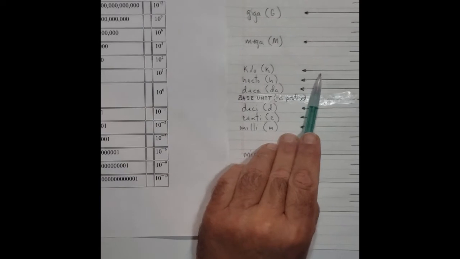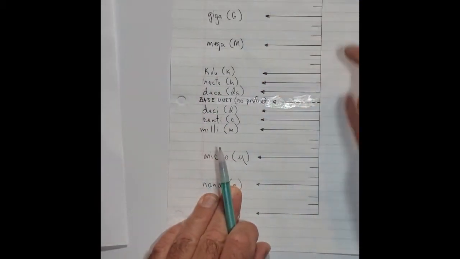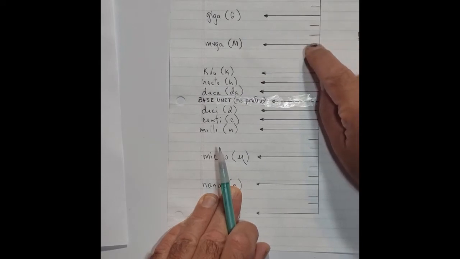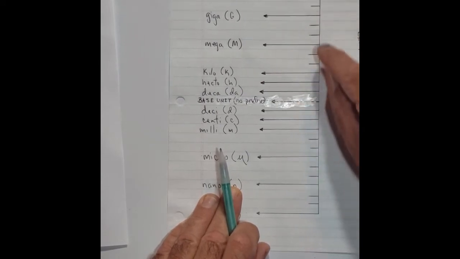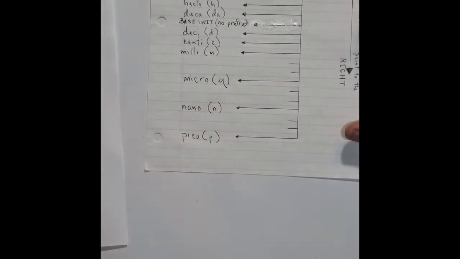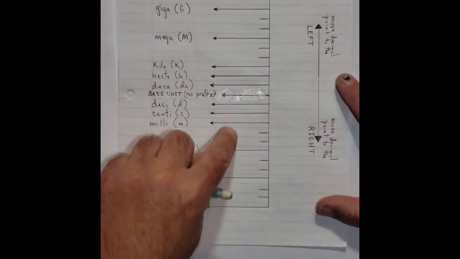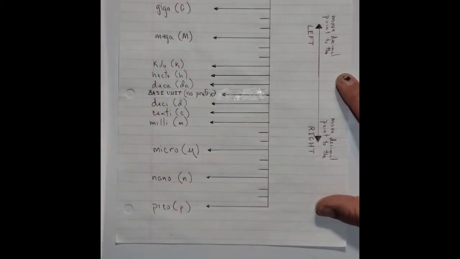On this particular ladder picture, kilo and mega aren't just one above each other, but three above each other. And mega and giga are three apart. Giga and tera are three apart. And the same thing occurs down at the bottom half. So this is really the better one for you if you're counting steps on a ladder.